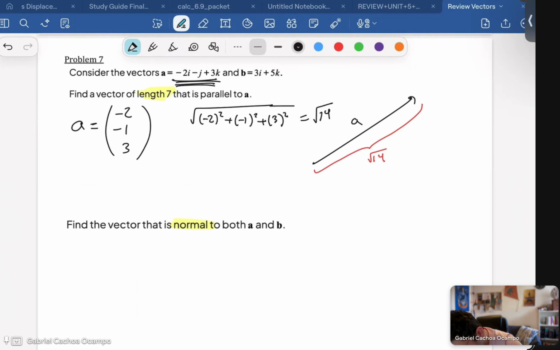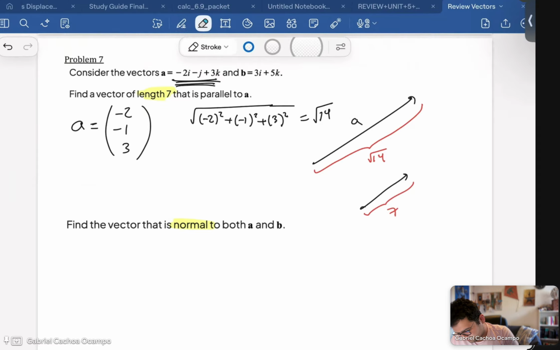I want a vector that is parallel to A, but that measures 7. I think that 7 is larger than the square root of 14. So what am I going to do? I am going to take vector A, shrink it, and then multiply it.